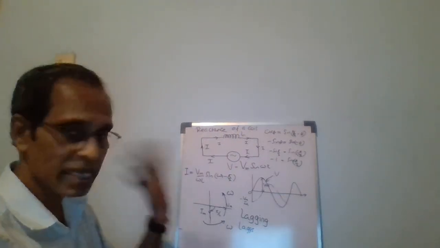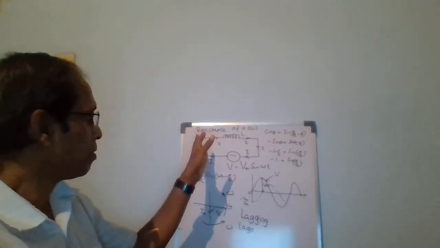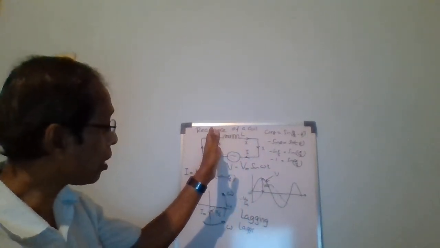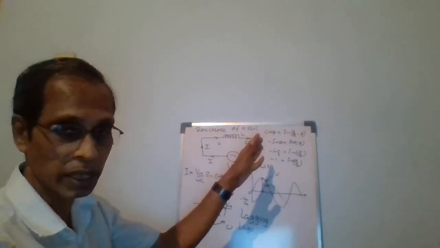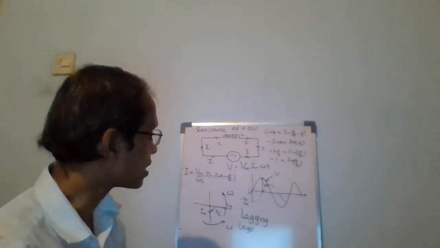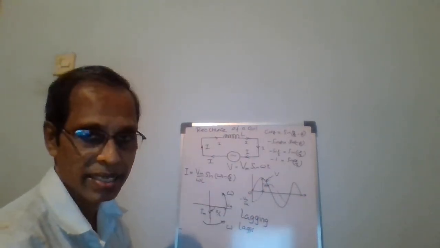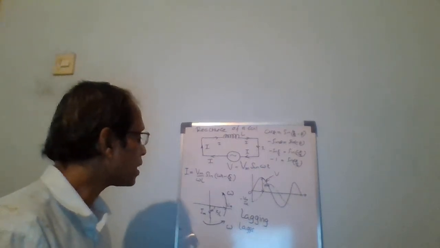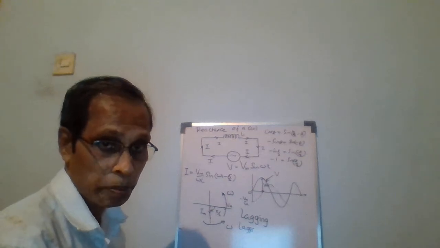In the next lesson I am going to explain what happens to the system when we have an inductor and a resistor, or a resistor and a capacitor, or all three together. How do you find the total reactance? Actually, the total reactance or impedance. Next time we are going to discuss impedance.